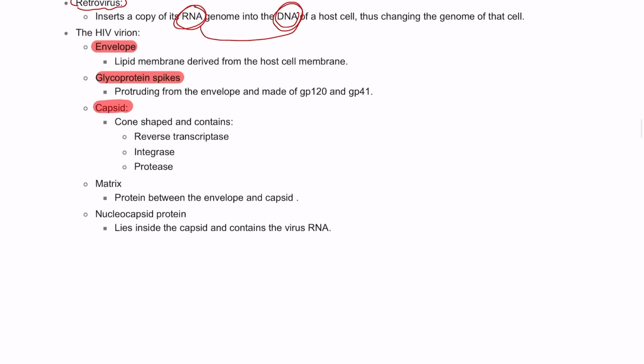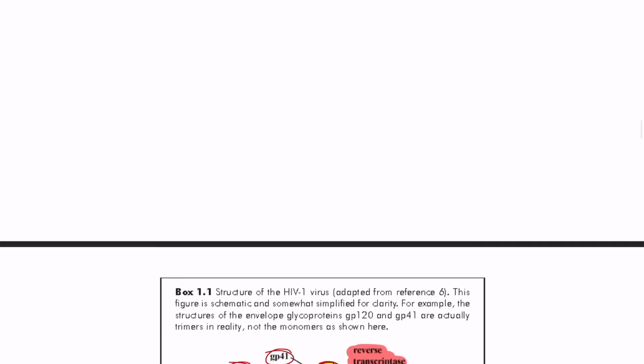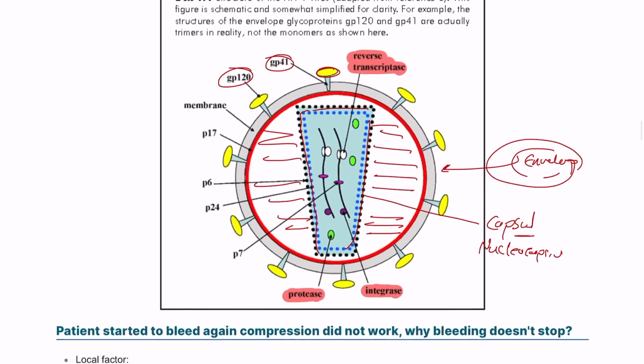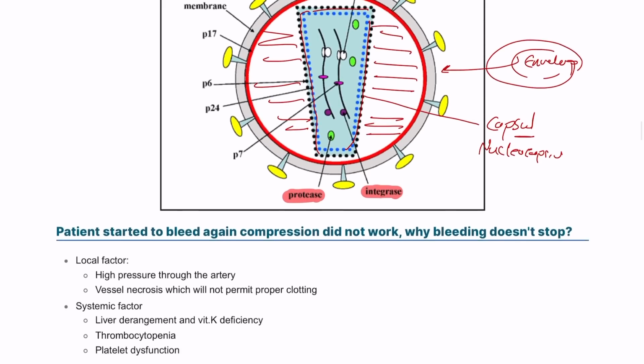Then you have the capsid, which contains the three enzymes: reverse transcriptase, integrase, and protease. Then you have the matrix, which is a protein between the envelope and the capsid, and then the nucleocapsid protein lies inside the capsid and contains the virus RNA. All right? So these are the structures of the HIV virus.